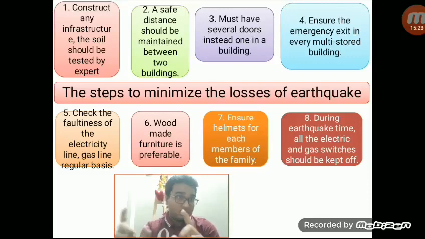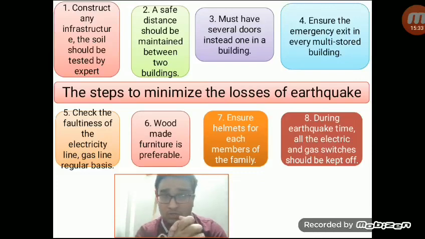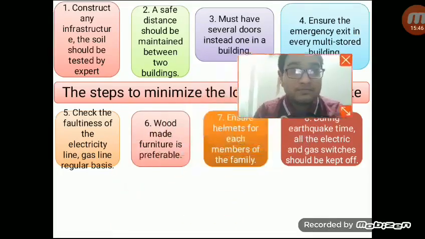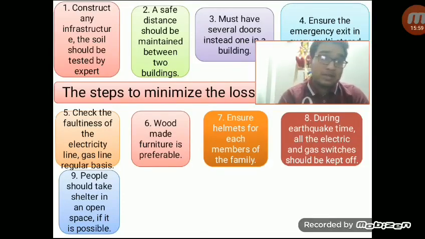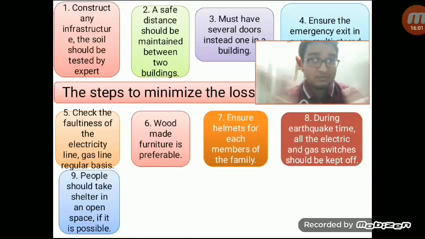We know this is a very difficult time, but we should try to keep off all of the switches, basically the electronic switches and gas lines. Then people should take shelter in an open space if it is possible. If we get time, then we can take shelter in an open place or under the sky.